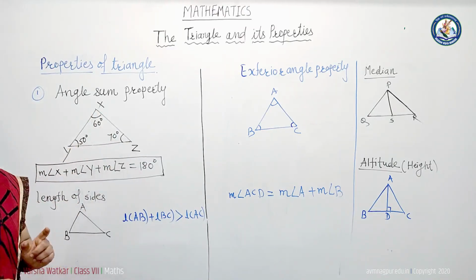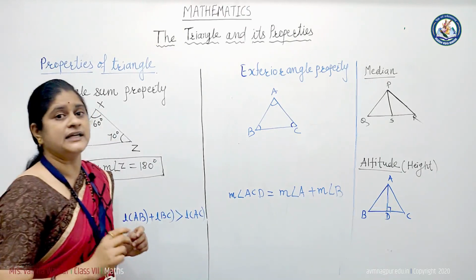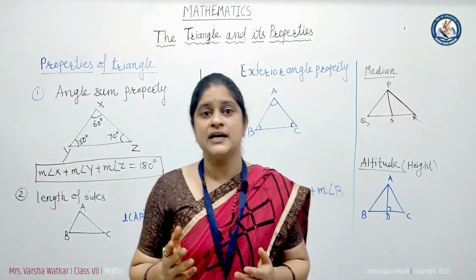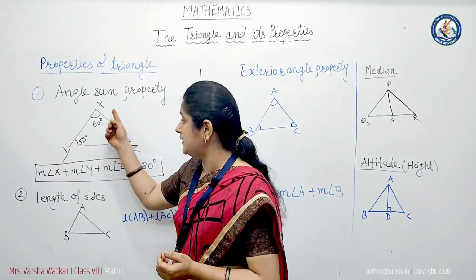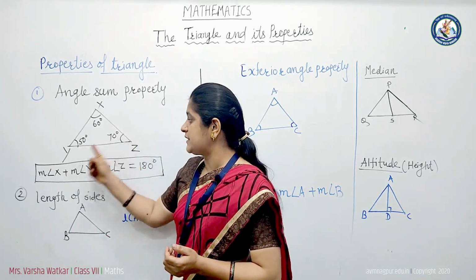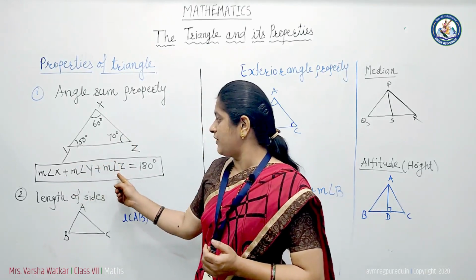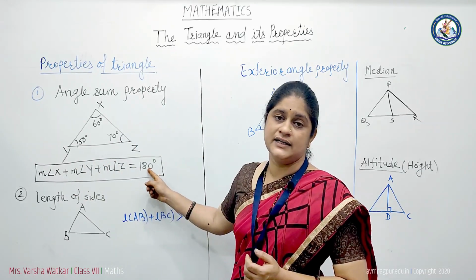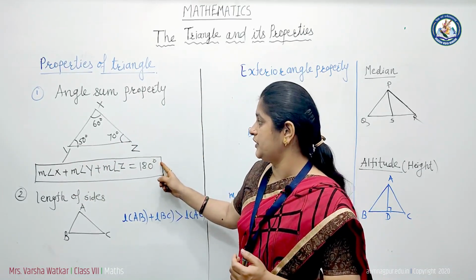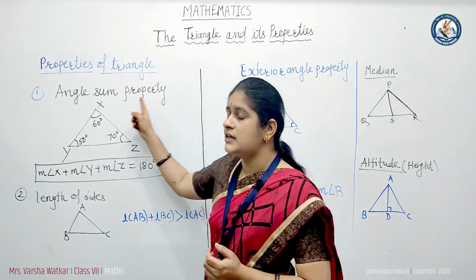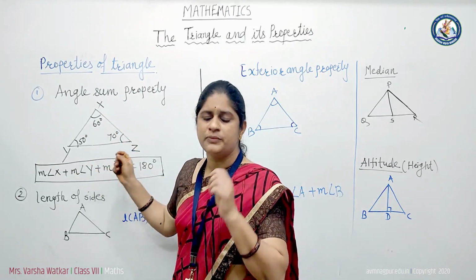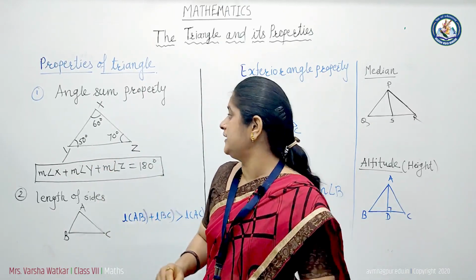So what is the property? The sum of all the three angles of a triangle is 180 degrees. Say in triangle XYZ, measure of angle X plus measure of angle Y plus measure of angle Z is equal to 180 degrees. This is the property of the triangle. The sum of all the three angles of a triangle should always be 180 degrees.